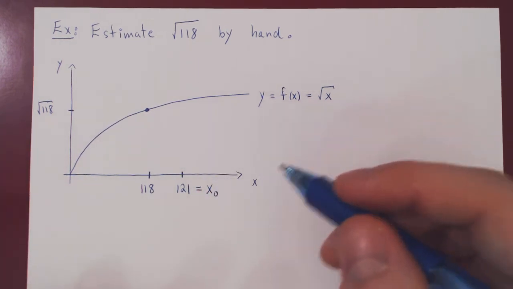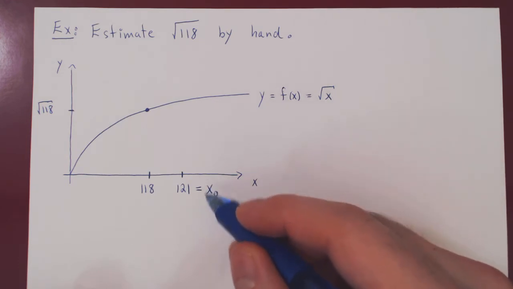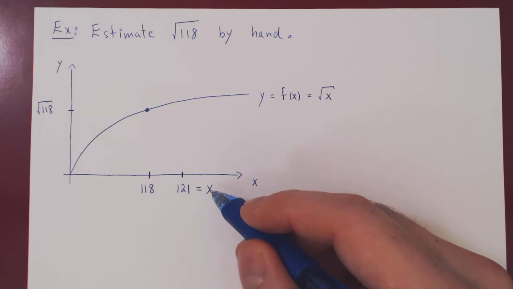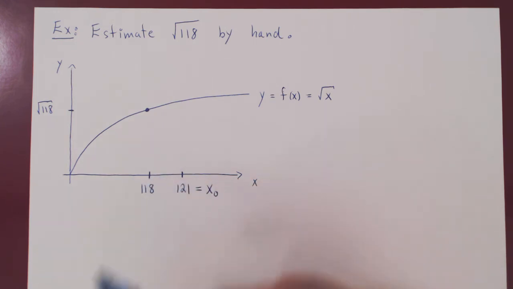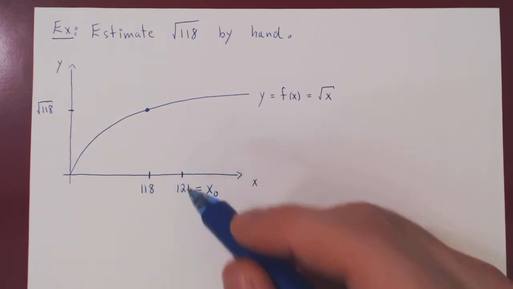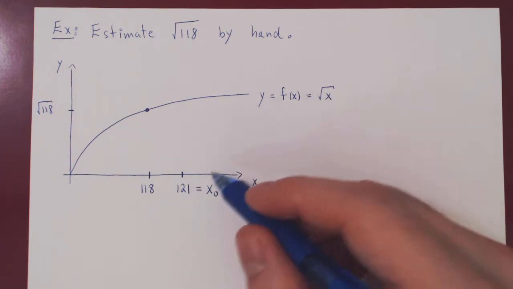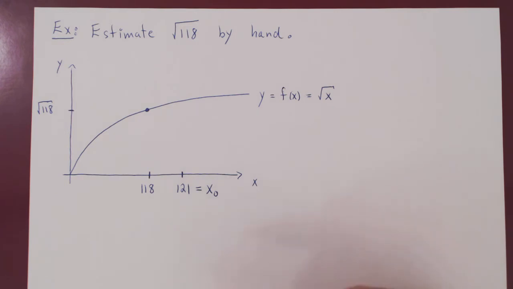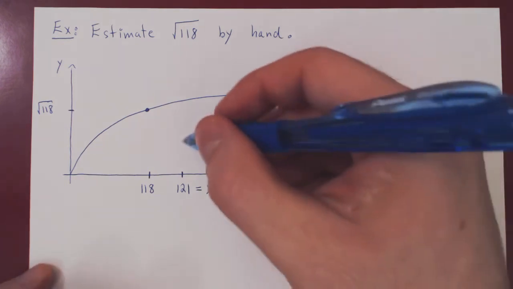So you'll see that because we're doing this by hand, x0 must always satisfy two conditions. The first, it has to be very close to the point that you're interested in. The second condition, it must be easy by hand to evaluate the function at this point. And here both conditions are met, and now we're ready to use linear approximation.